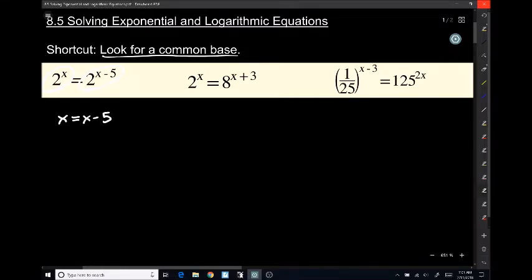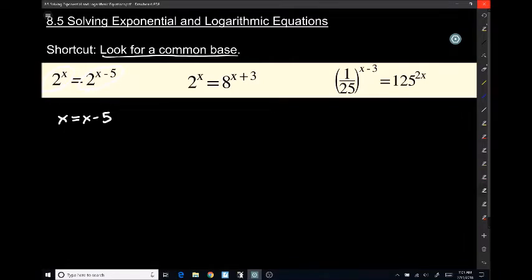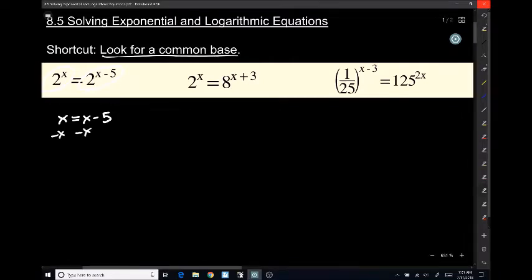So x must be the same as x minus 5. And when you solve this one, you're going to get 0 equals negative 5, which means this has no solution, can't be solved. Most of them won't turn out that way, but obviously 2 to the x can't equal 2 to the x minus 5 because whatever x is, x minus 5 will be different.